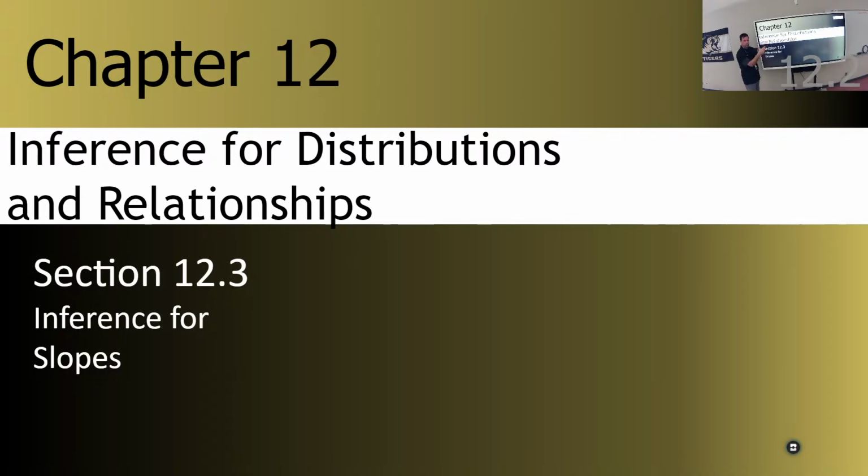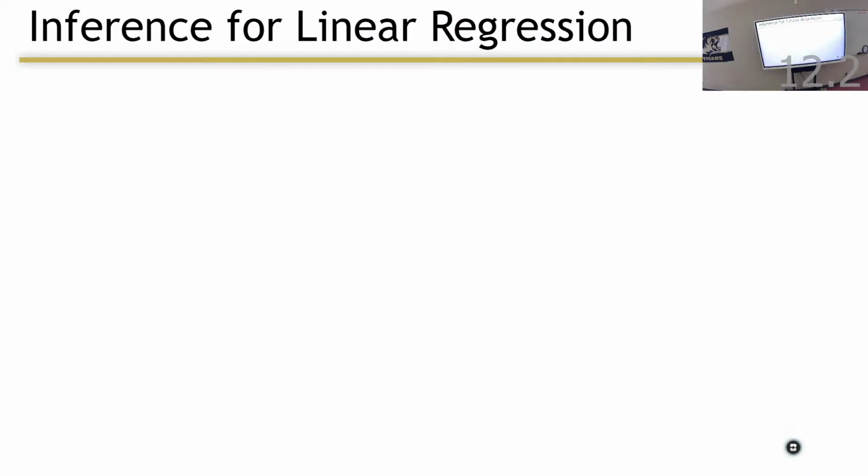Inference for slopes, confidence intervals, and hypothesis testing. So this has both confidence intervals and hypothesis testing. Okay? All right, here we go. We're going back, like I said, a lot of it to chapter 3.